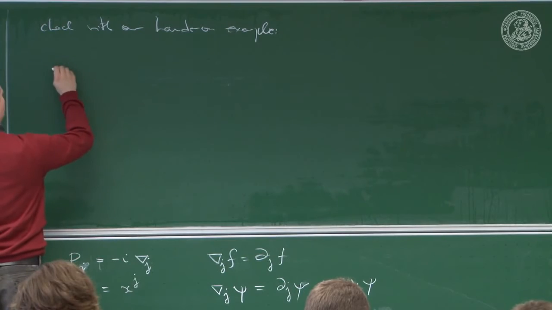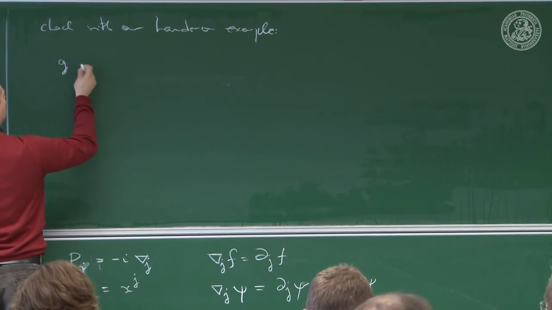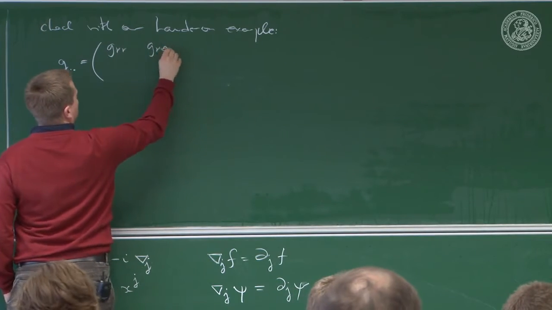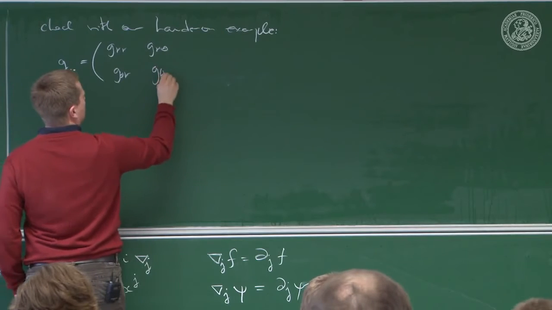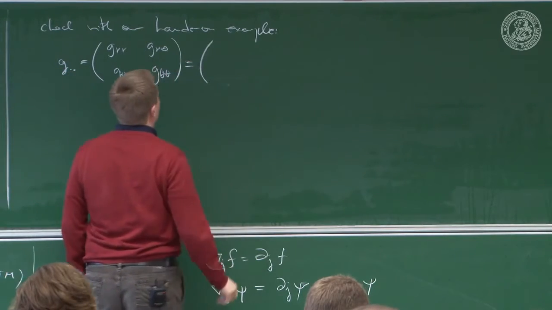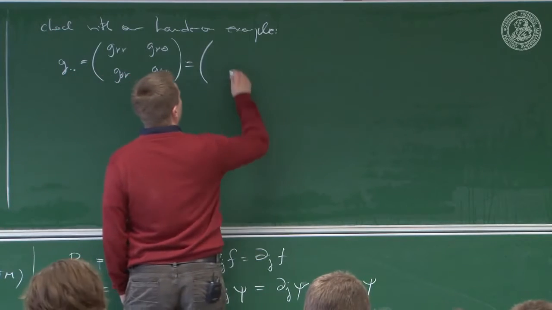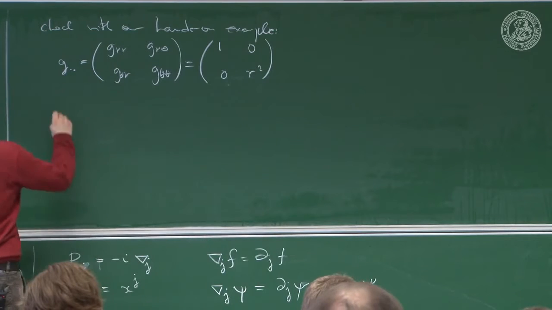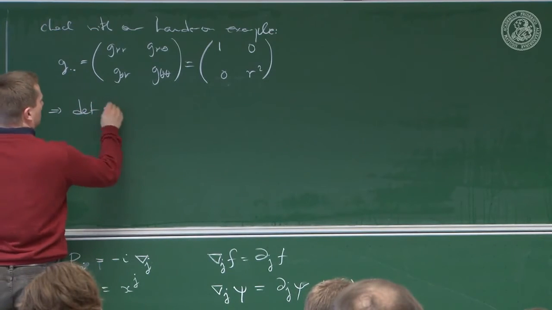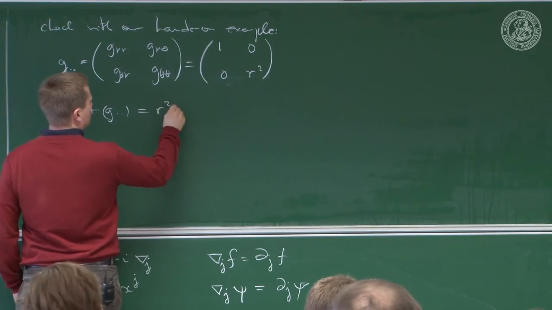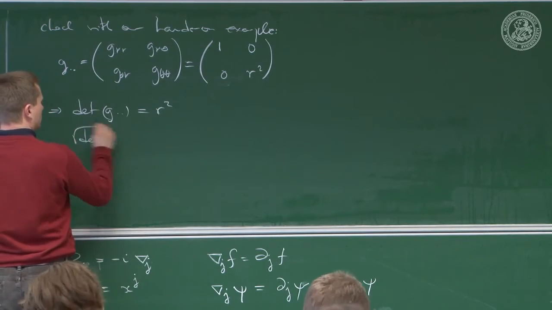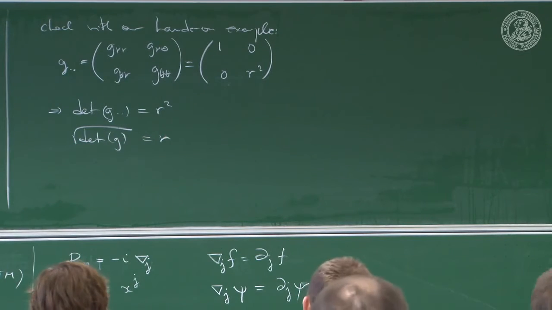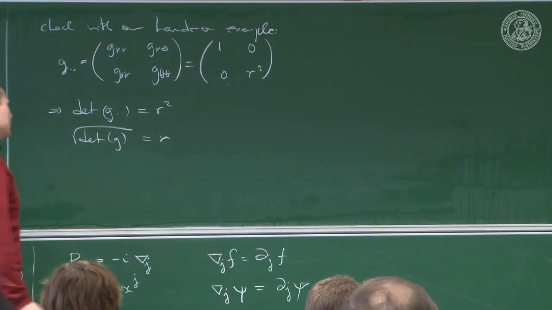So what did we have there? We had there in polar coordinates that was g_rr, g_r theta, g_theta r, and g_theta theta components, which for flat space, if you just come from Cartesian coordinates, is just 1 and r squared. Therefore, the determinant of g in polar coordinates is r squared. That means the square root of the determinant is r, because everything is positive. We can forget about any absolute value signs.